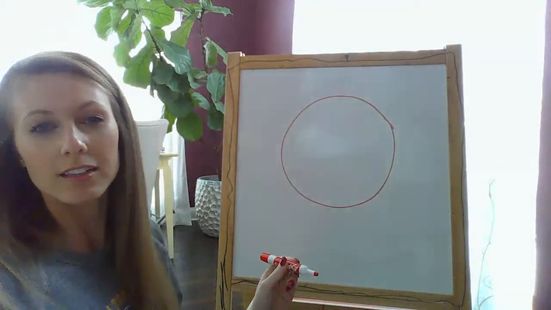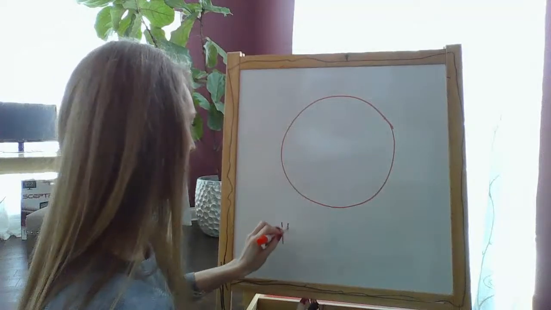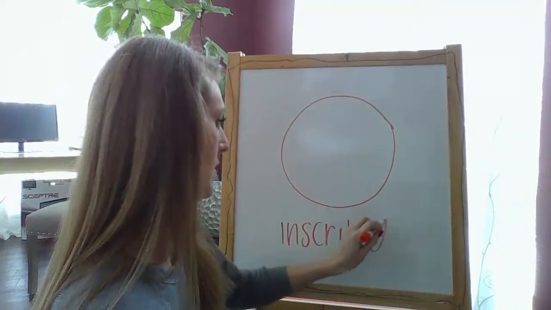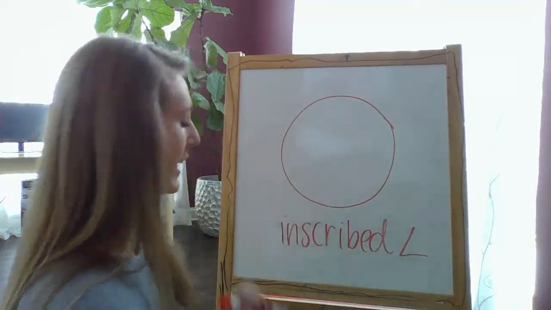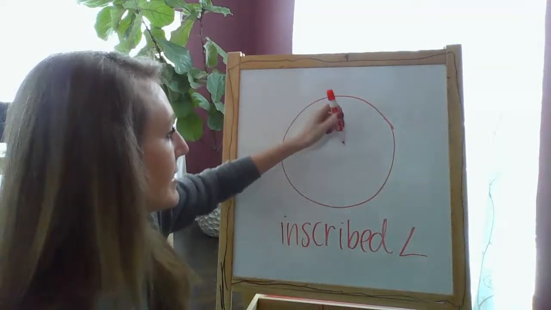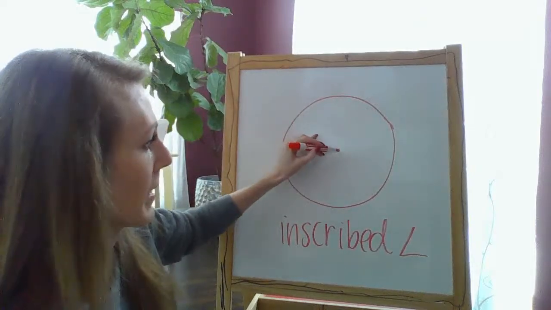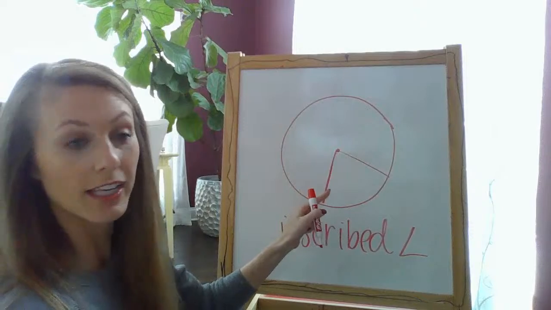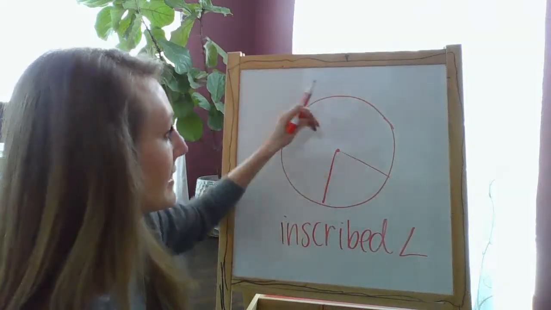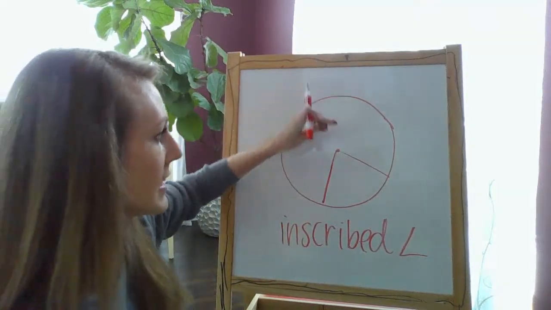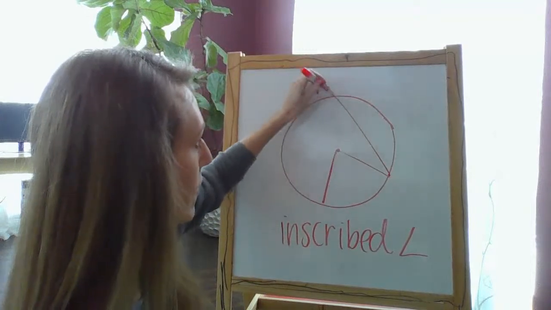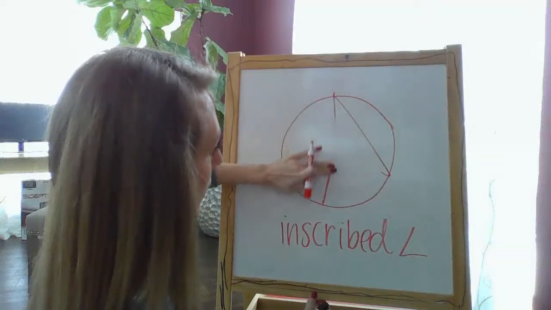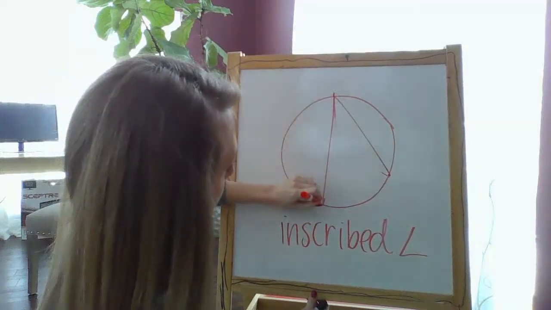we're going to look at something called an inscribed angle. Instead of the vertex of the angle being the center, like we just looked at, which is called a central angle, we're going to pull that vertex all the way over to the edge of the circle.